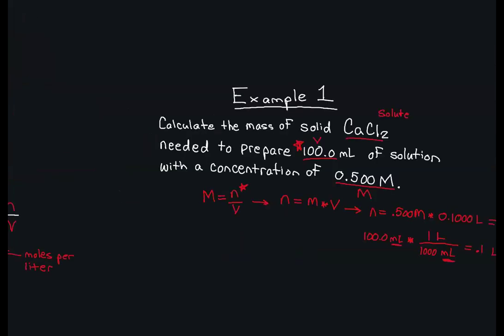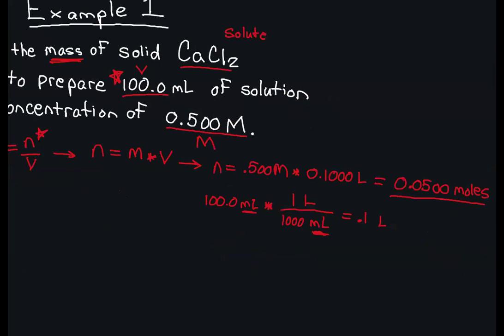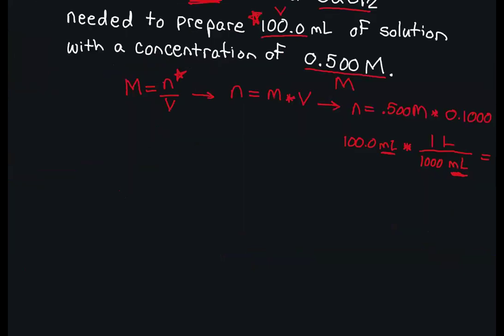We have ourselves moles. The way you convert between moles and grams is by using the molar mass from the periodic table. So we have our formula, CaCl2. We have 1 calcium, and from the periodic table, we have 40.08 grams as the molar mass. We're going to add that to 2 chlorines, and from the periodic table, it's 35.45 grams.